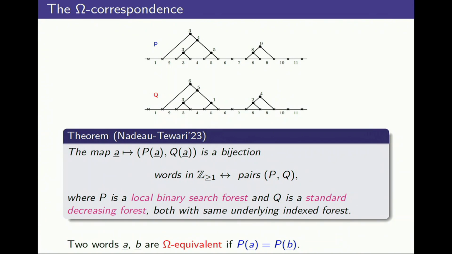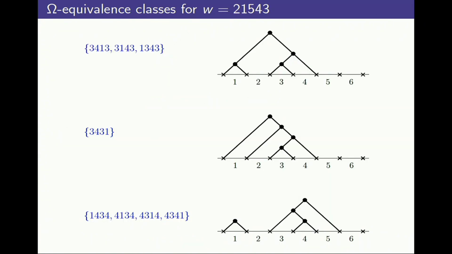Right, so now I have a bijection, and I'm just going to do the naive combinatorial thing. This correspondence induces an equivalence on words. I'm going to call 2 words equivalent if the P symbols coincide. So here are my equivalence classes for the set of reduced words for that particular permutation.